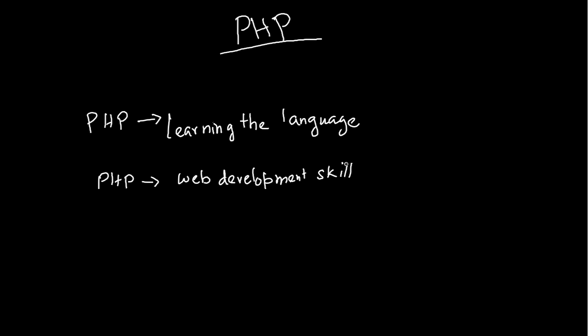The reason this categorization is important is that even though PHP is very much used for web development, if you want to learn PHP primarily for web development skills, you may want to separate your learning into two different buckets.